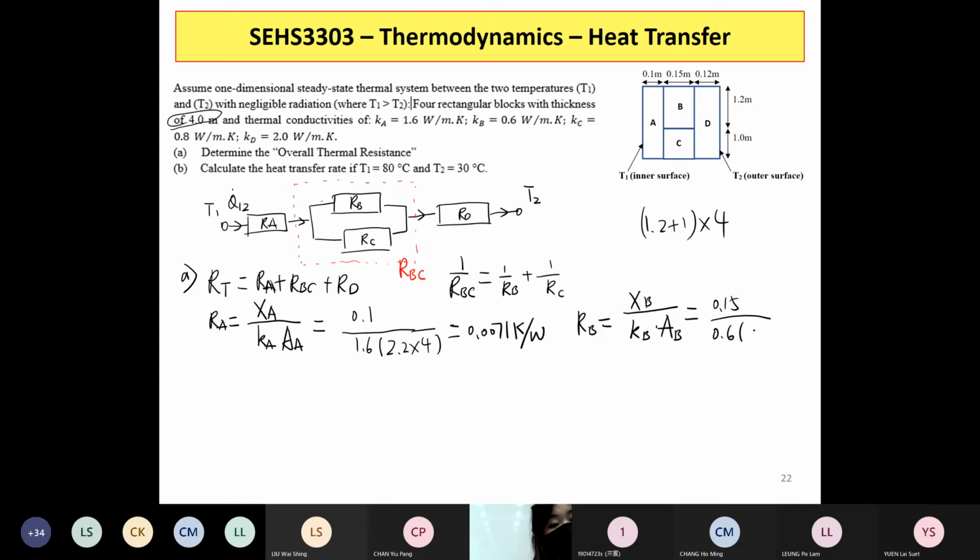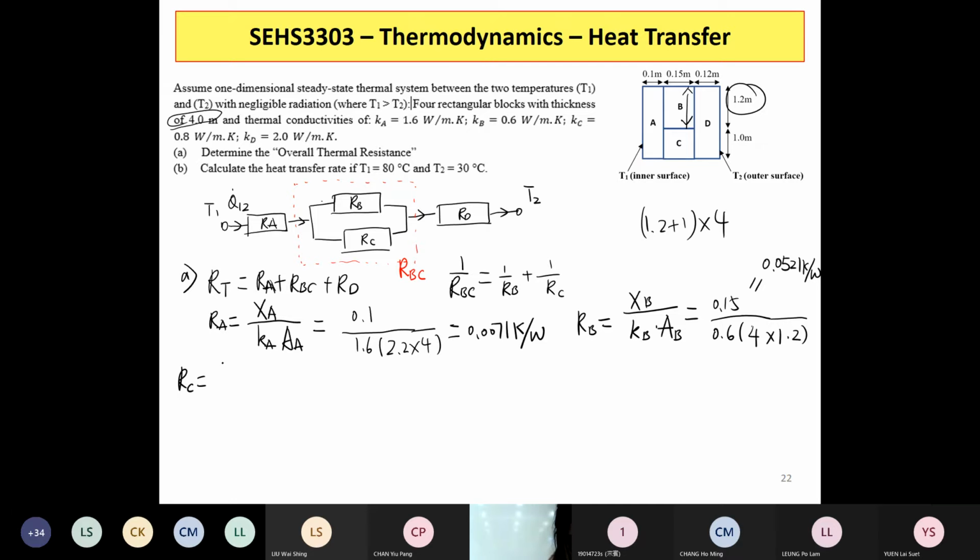Who can tell me the area? 4 times 0.2, right? Because for B, the height should be 1.2, right? So the number should be 0.005 K over watt. Okay, this is RB.